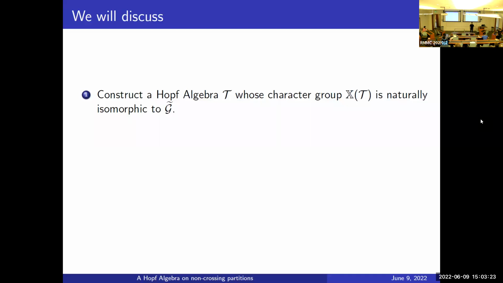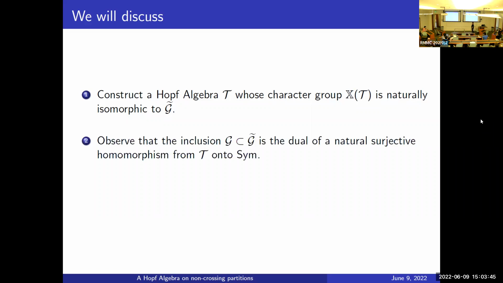So what I want to discuss right now is first this Hopf algebra T on non-crossing partitions, such that the character group of the Hopf algebra is isomorphic to this group of semi-multiplicative functions that Andu has mentioned before. He already said why there is an inclusion between the multiplicative functions and the semi-multiplicative functions.